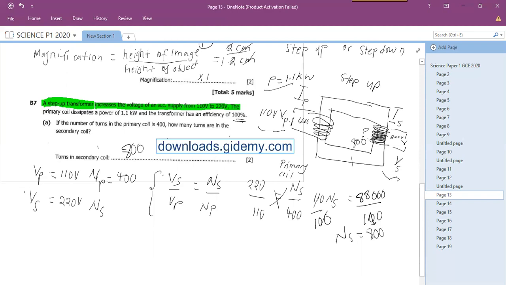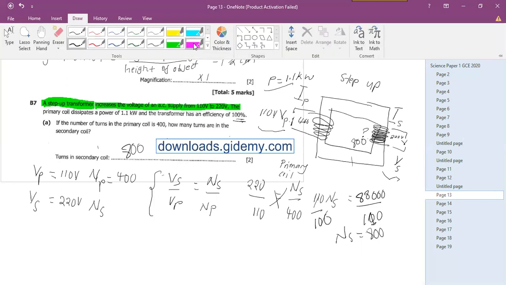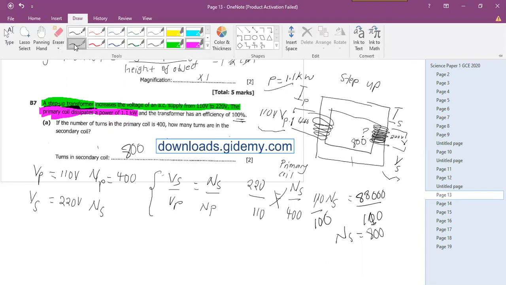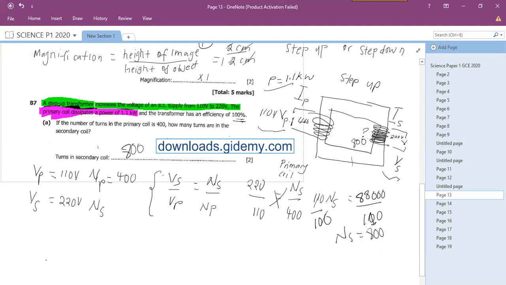The primary coil dissipates a power of 1.1 kilowatts. So let me actually just solve it here because we have all the information.